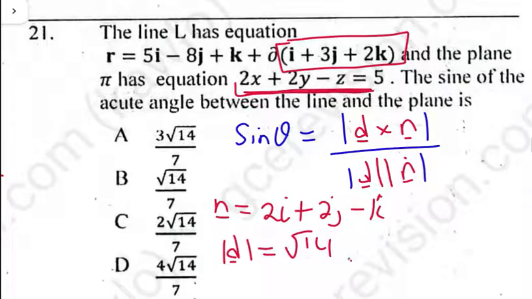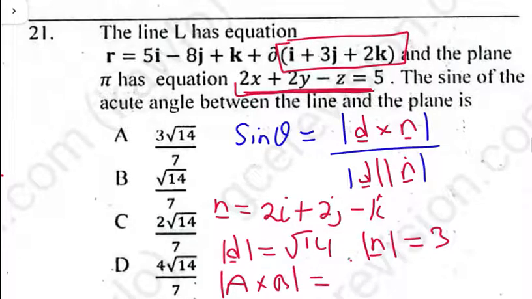And then for the normal to the plane, the magnitude of the normal is 3. And for d cross n, the modulus is 3 root 10, because it's root 90.